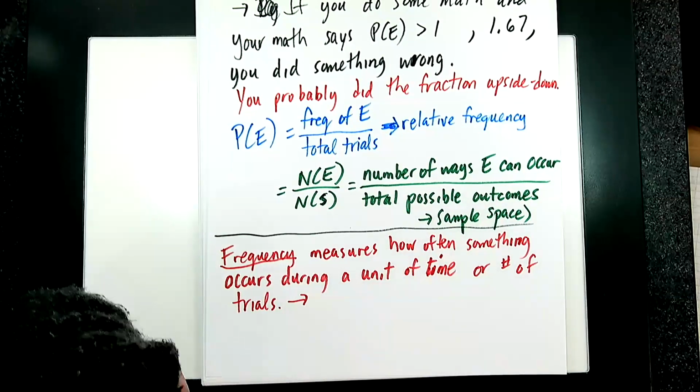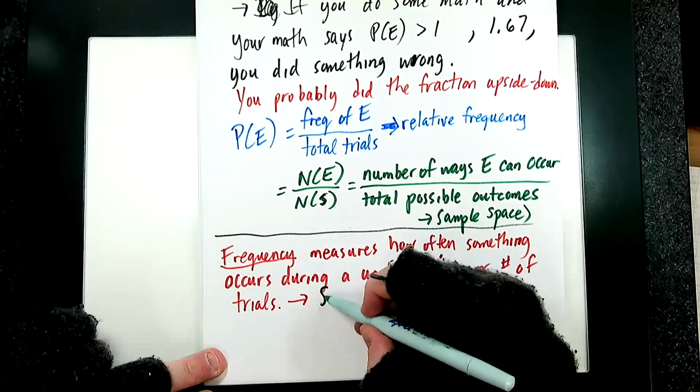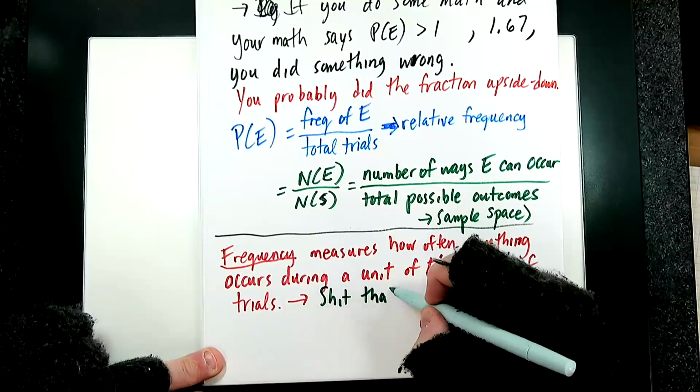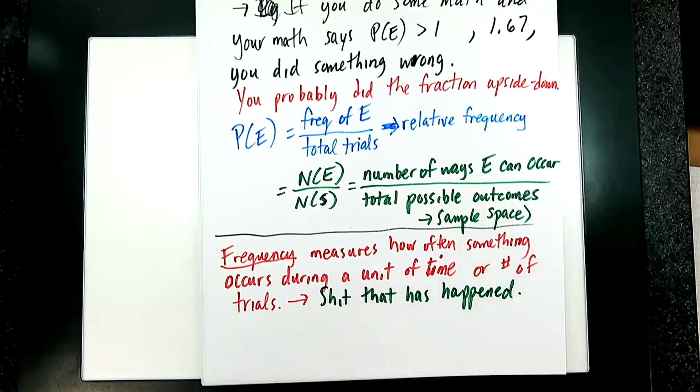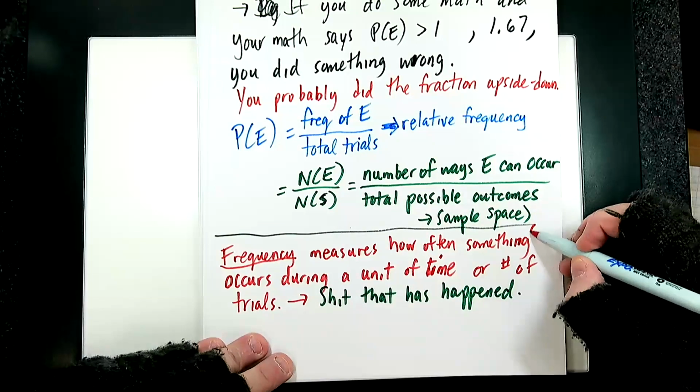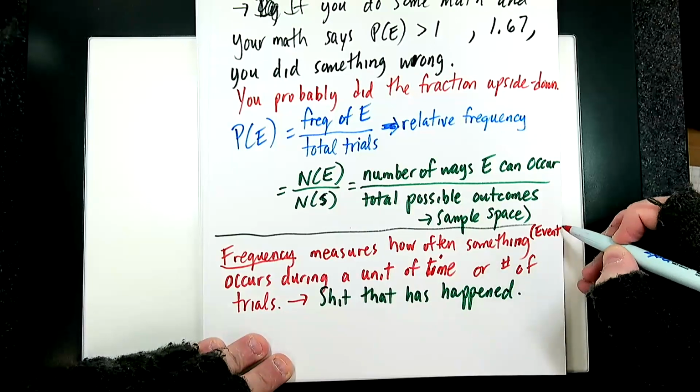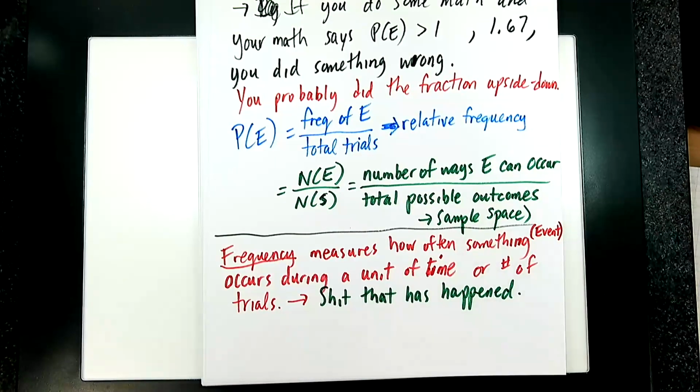If I were to shorten this, it's stuff that has happened. And when I'm saying something here, I mean the event, whatever it is we're talking about. The frequency of the event.